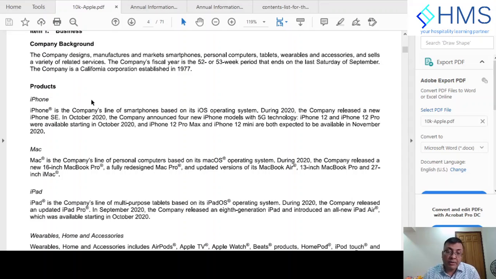Next, it is very important to understand what products a company is selling.